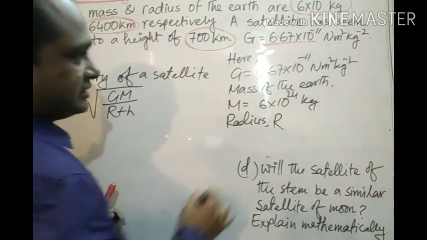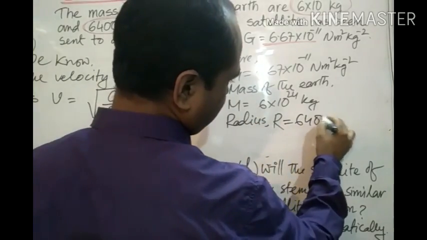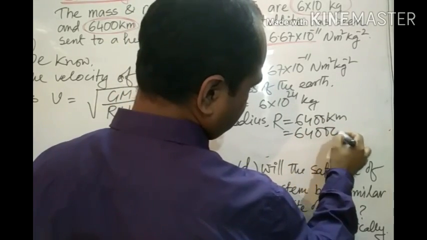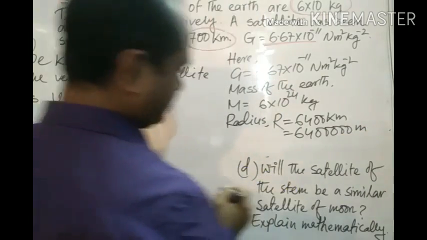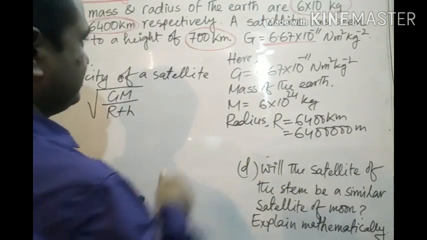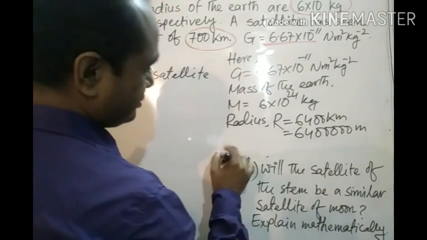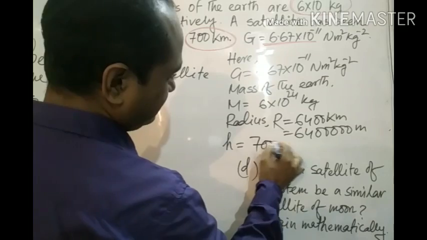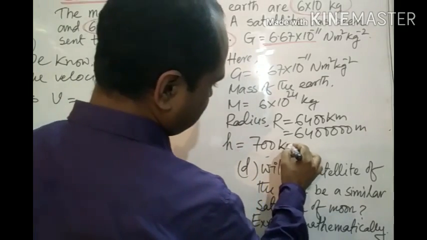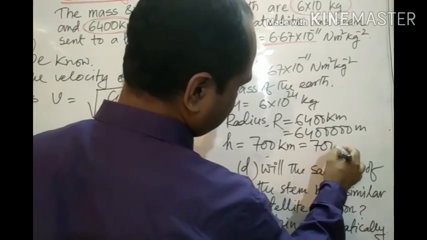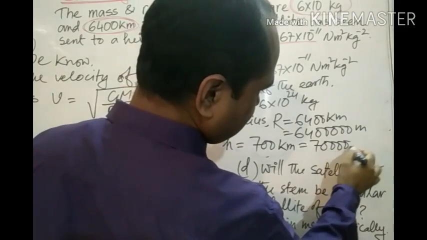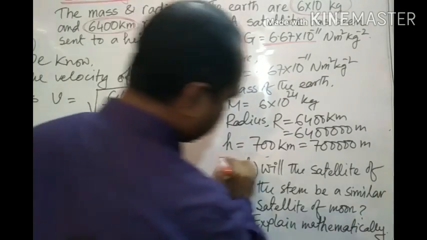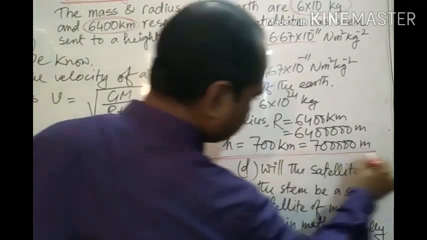Radius of the Earth, R, is equal to 6,400 kilometers, that means 6,400,000 meters. And finally, the height of the satellite, which is denoted by H, is equal to 700 kilometers, that is 700,000 meters. Right? These are the given information.